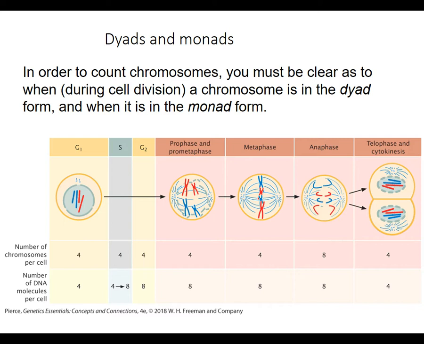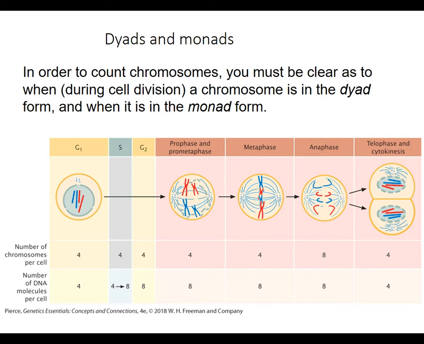But both of the numbers are split in half when you go from anaphase to telophase. And remember, they're comparing one cell in anaphase to one of the product cells in telophase. So this cell in anaphase has 8 chromosomes and 8 molecules of DNA.